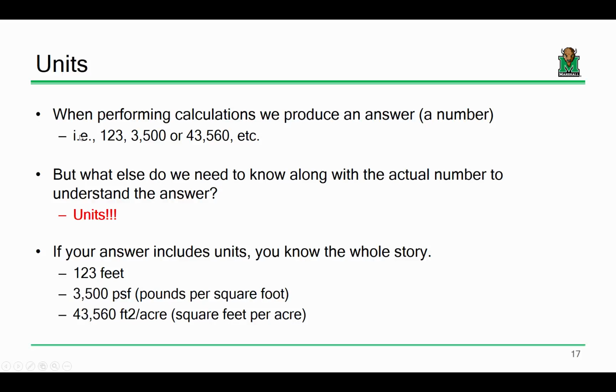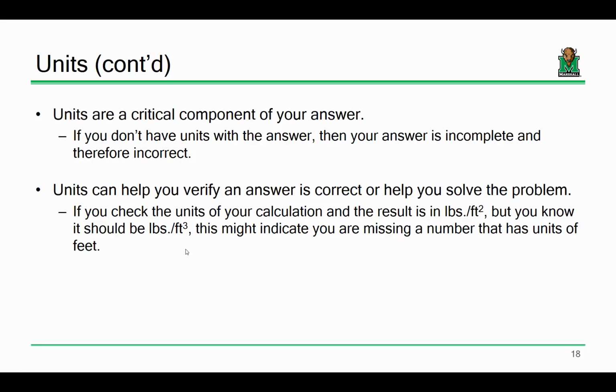These numbers make a lot more sense and have more meaning when we include the units along as we do the calculations. Units are really important, and if you write the number but not the units along with it, then you may have a deduction in points.